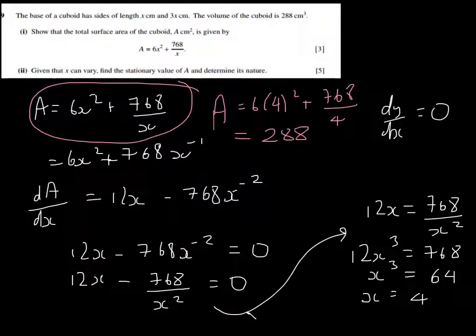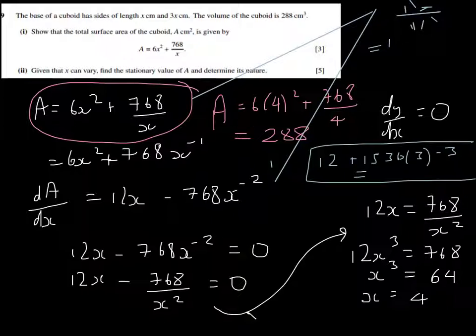So if I take the derivative here and do a second derivative of that, so d squared A over dx squared, I'm going to get 12 plus 1,536 x to the power of negative 3. Just ran out of space there to put it on the same line.